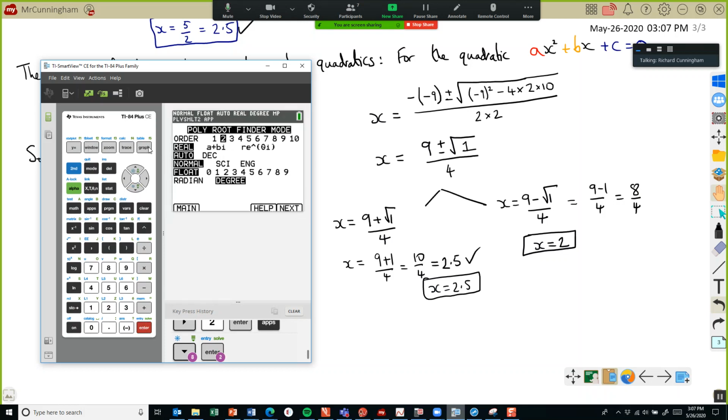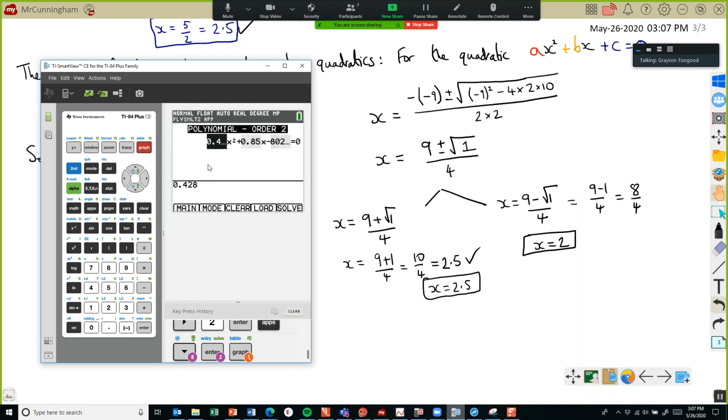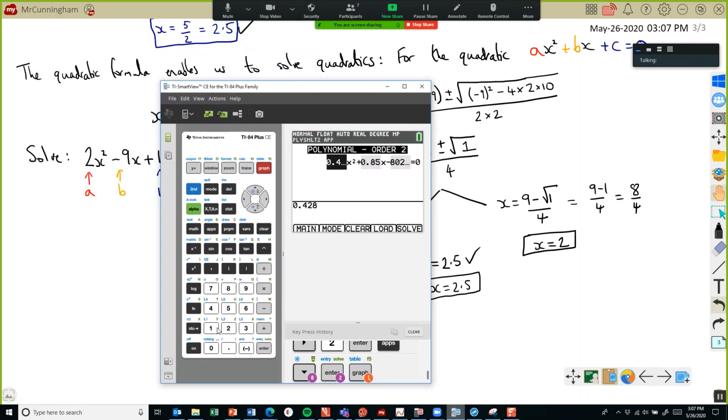And then you just click Next. And then you put your numbers in, and it'll work it out as well. Is that it? Yep, you got it? -9 plus. It's a little bit more complicated than the other one, but it gets you to the same place. And then hit solve, and there it gives you the answers.